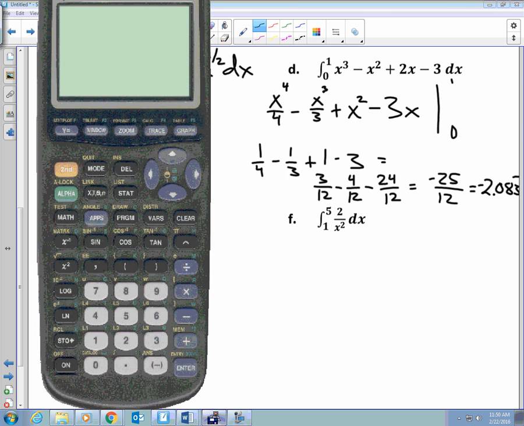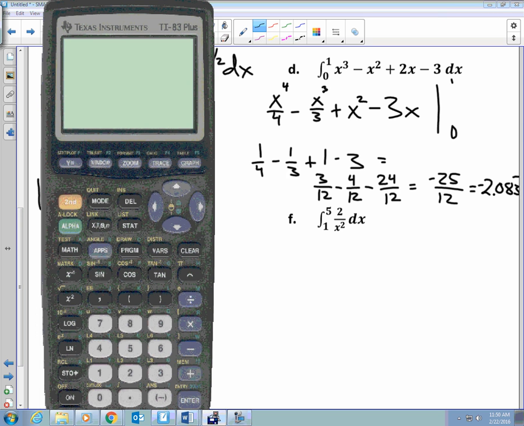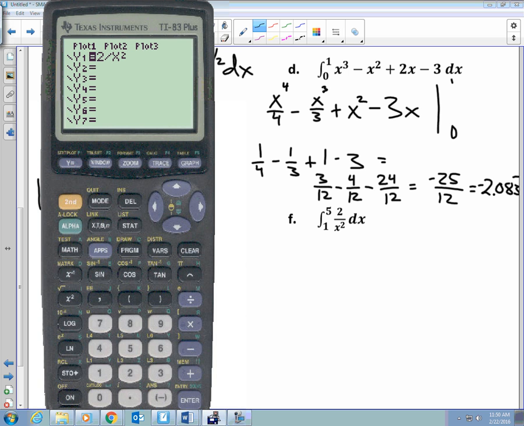Take out your calculator, and let's look at it. What's different about this answer? It's negative. We're going to plug in our function, x to the third minus x squared plus 2x minus 3.